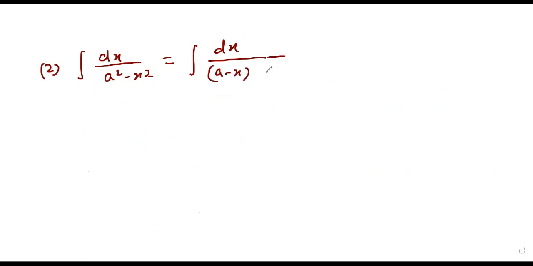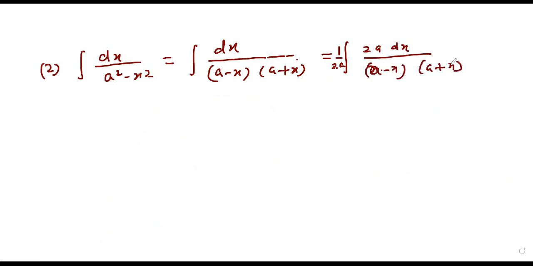So the second one is integration dx upon a square minus x square. So this will become integration dx upon a minus x times a plus x. Let's again introduce a and x in the numerator. So first we write 1 upon 2a here, and then 2a dx divided by a minus x times a plus x.